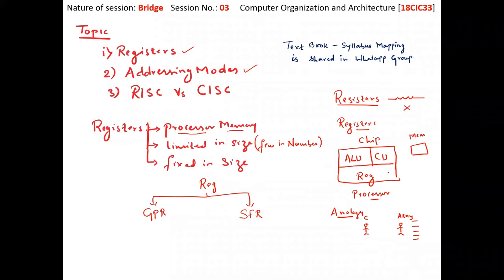Getting the data from the memory and then processing it will consume time. So what we thought is to reduce this read and write time from memory. Why can't we store the critical data in the register itself, in the memory within the processor, so that the processor will not waste time retrieving data from the memory?